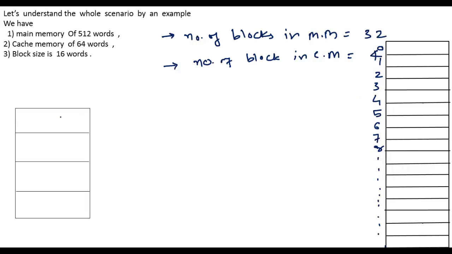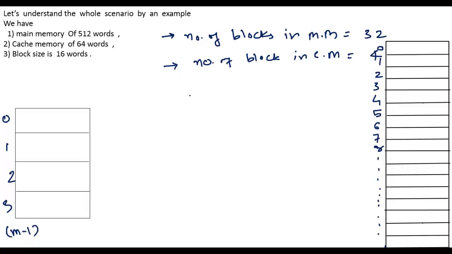And the cache memory blocks will be 0, 1, 2, 3. If you remember, we discussed 0 to m minus 1, and small m here is 4. So cache memory blocks will be 0 to 3 and main memory blocks will be 0 to 31.